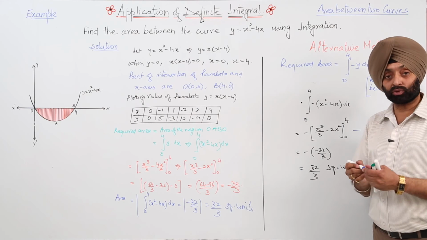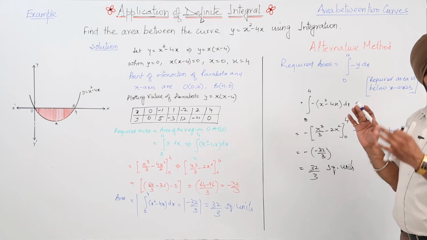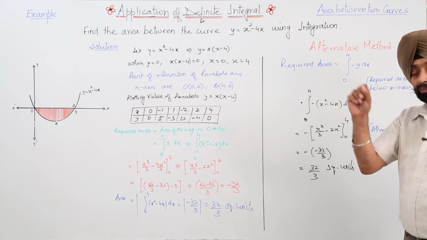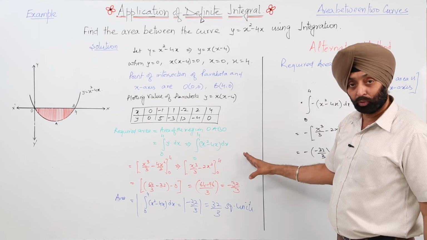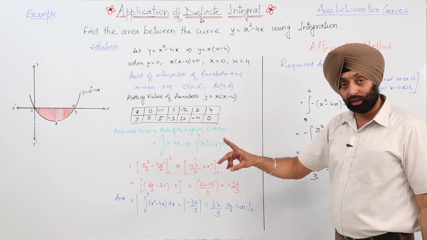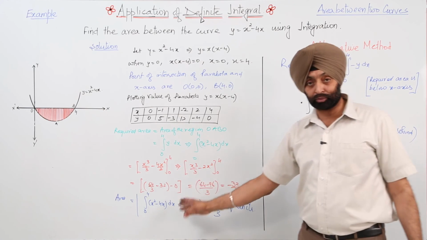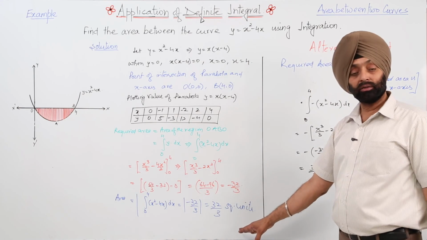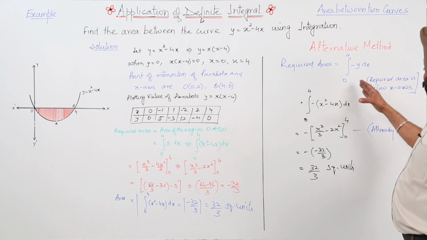Okay, so I just want to make you understand the difference between the written parts. If we are doing directly this portion, then our answer will be in the negative. Don't write area in the negative, take the absolute value and then write the required answer. Or you can move like this.